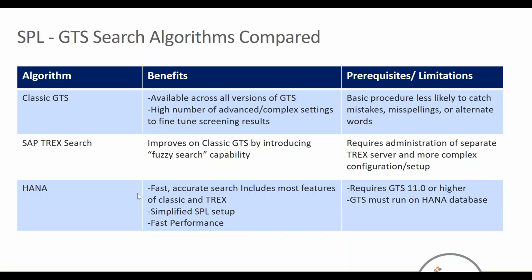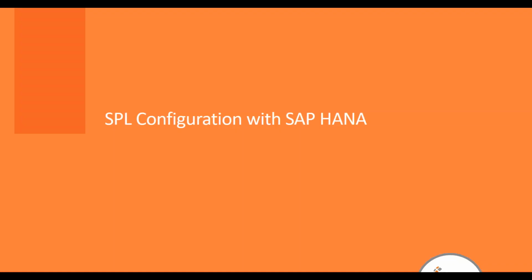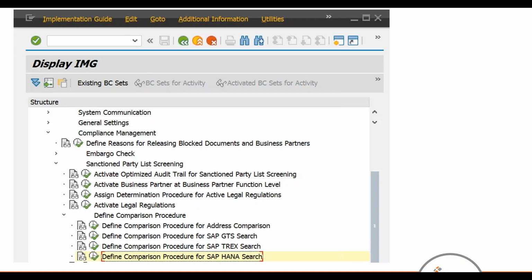Now let's discuss the different configuration settings which are required for this HANA search. We maintain these settings under a special node, Define Comparison Procedure for HANA Search. Here you can maintain all the parameters required for your classic search, TREX search, and HANA search. In this procedure, you mention what kind of search you would be using.